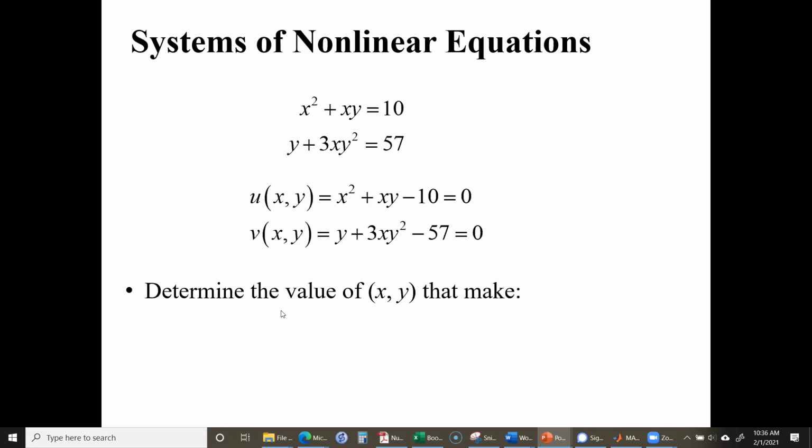One of the simplest approaches is that you can write the equations in these forms: u(x,y) and v(x,y).